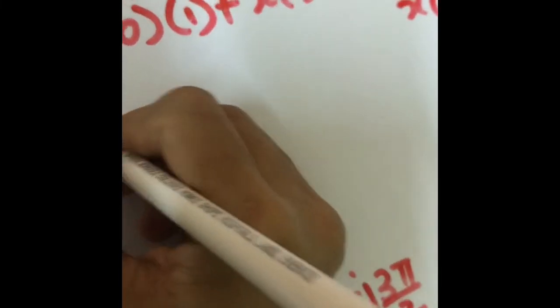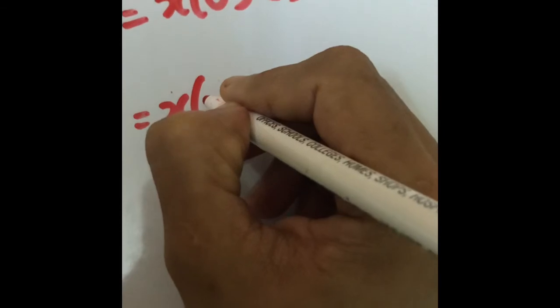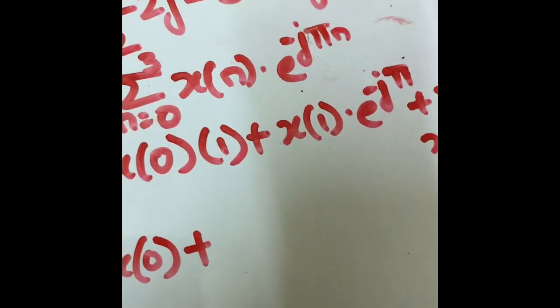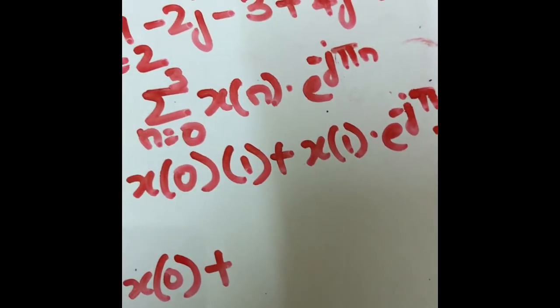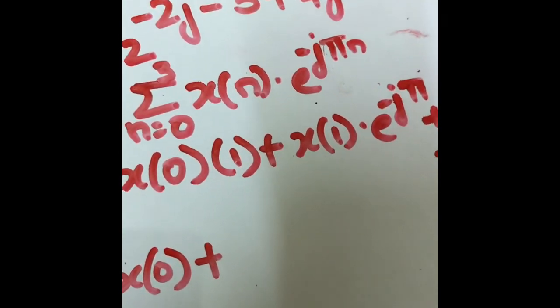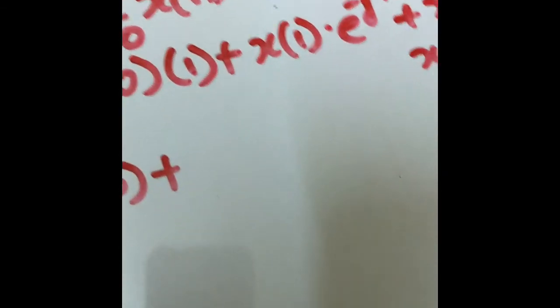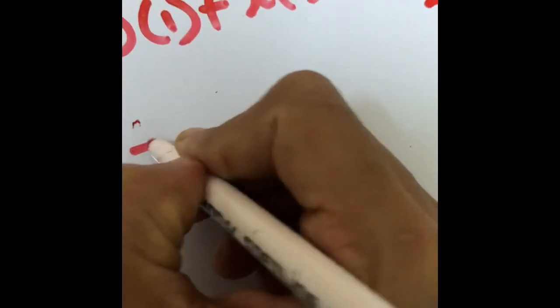So x of 0 into 1 plus, what is e raised to minus j pi? It is cos pi minus j sin pi. Cos pi value is minus 1, sin pi value is 0. So here we will have x of 1 into minus 1, so I will replace this plus by a minus sign.